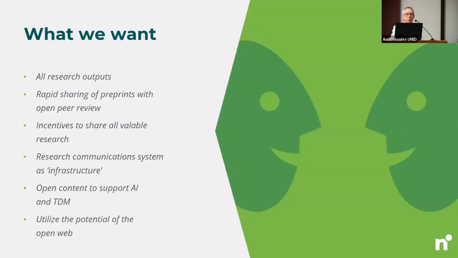So in a nutshell, what we want is really to transform the current situation and to be able to consider all the research outputs, not just journal articles, so that we could have rapid dissemination of results through sharing preprints and open peer review, that we can have all the open content that can support artificial intelligence and machine learning, as we have just heard, and really use all the potential of the web, because we have not really done that yet.